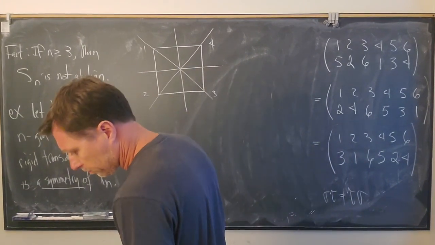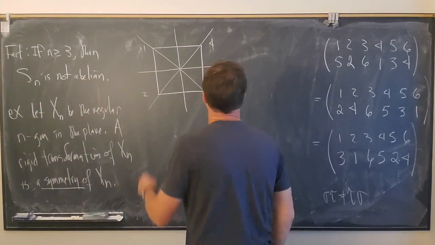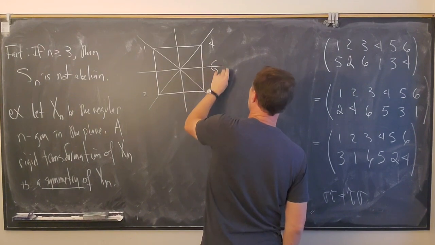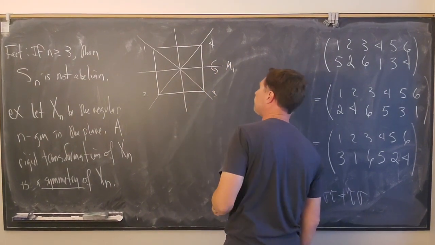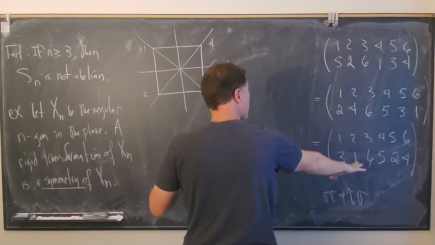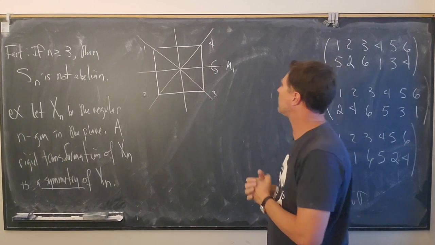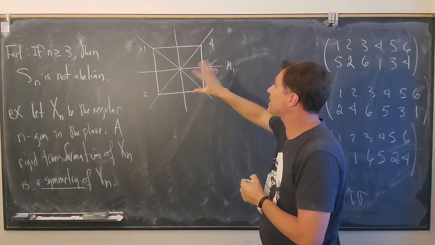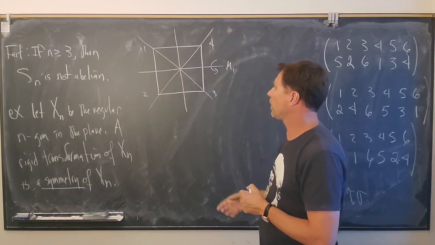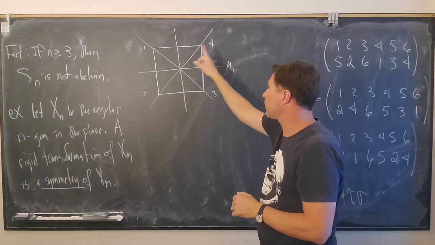So let's give these some names here. So, well, for example, let's call this one mu1. Now, by labeling these, we can use our matrix notation to describe this particular symmetry. Because what happens if we do a symmetry of the foregon right here? It permutes the vertices, and we label these vertices, right?